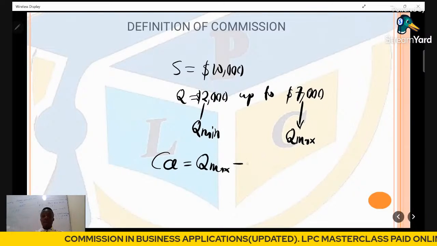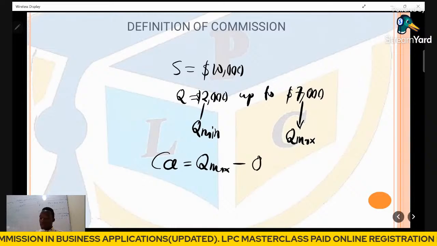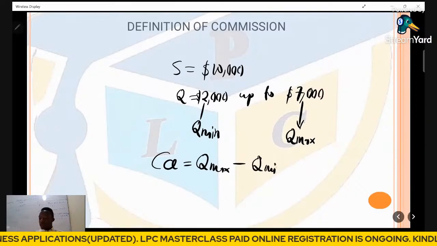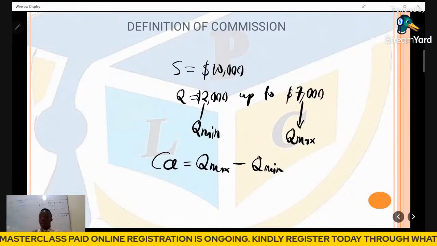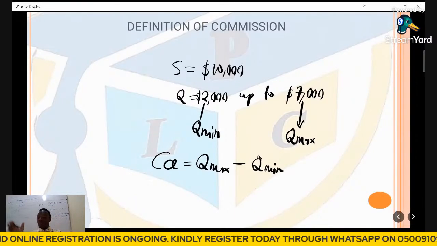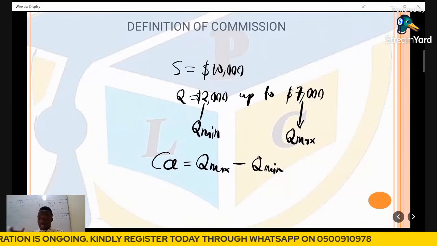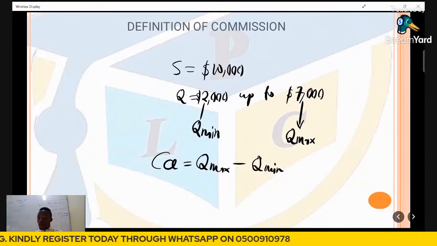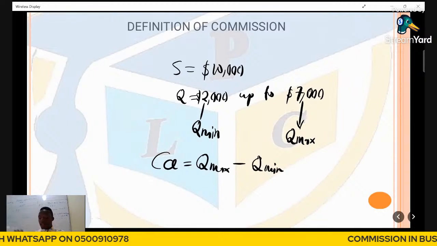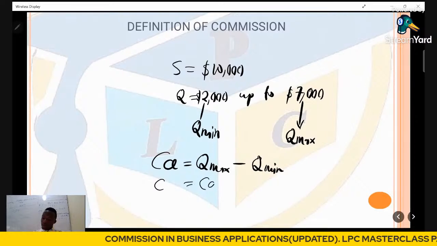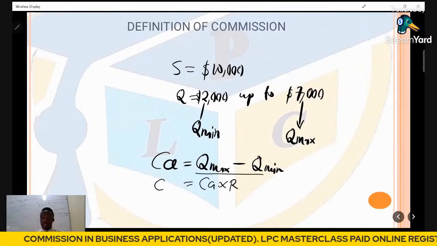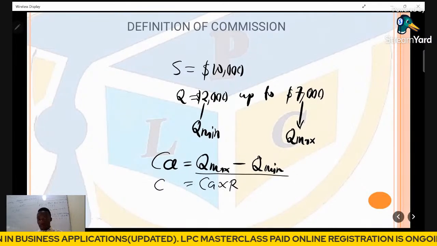So where an agent must exceed this level up to that level, the commission amount is the maximum quota less the minimum quota. I believe that is clear. After that, the commission equals the commission amount multiplied by the rate. Whatever you get for the range, you multiply by the rate of commission.